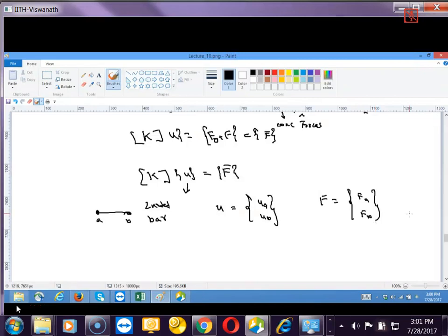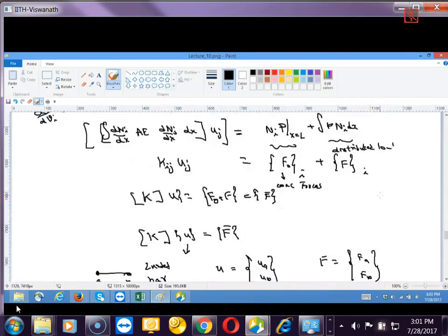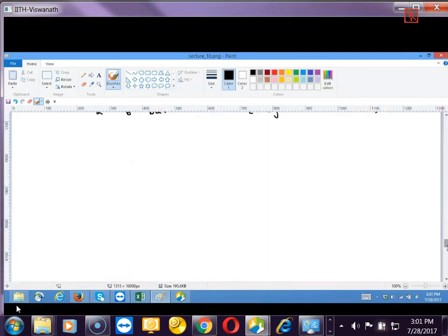So let's define what this one is. For a two-noded bar, we know that NA of x is equal to 1 minus x by LE, whatever you want to write it as. And NB of x is equal to x by LE.